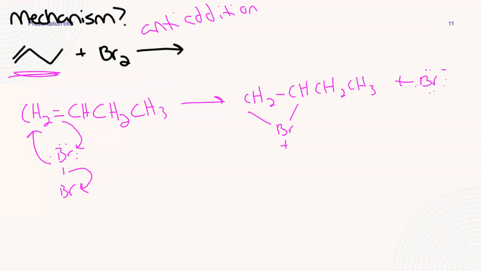Okay, so now I formed my bromonium intermediate, where I have the three-membered ring, and this bromine holds a positive charge because it has one too many bonds.